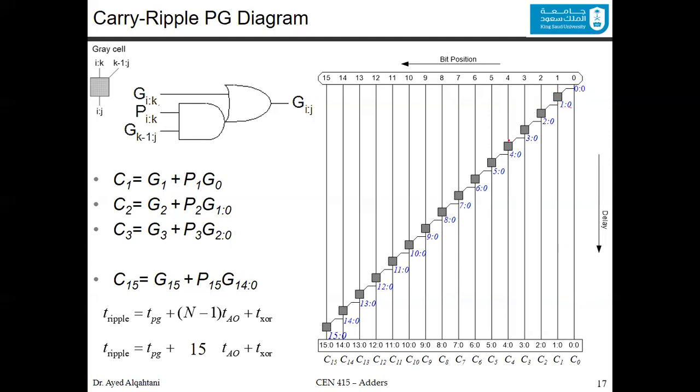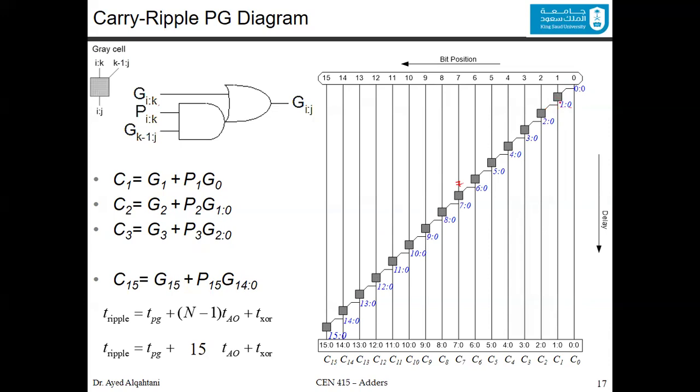For example, if we have from 0 to 7, it's either generated at 7, or it comes from 0 to 6, which we already calculated. So 0 to 6 concatenated with 7 gives you 0 to 7 here. And so on, you can do it for the whole PG diagram.